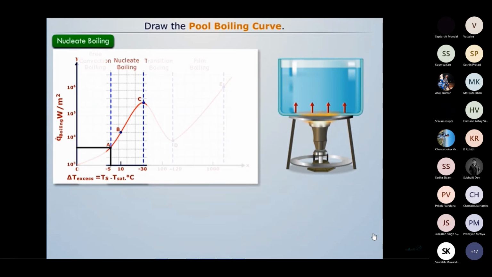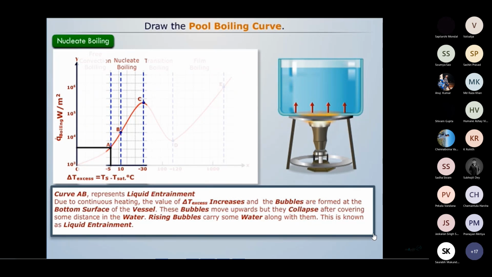Curve ABC represents the stage nucleate boiling. As we can see, nucleate boiling is divided into two parts. Curve AB represents liquid entrainment and curve BC represents critical heat flux. Now first, let us understand liquid entrainment. Due to continuous heating, we see that the value of delta T excess increases, and the bubbles are formed at the bottom surface of the vessel.